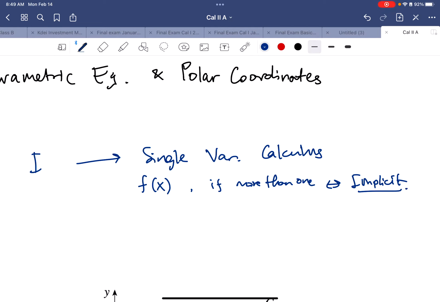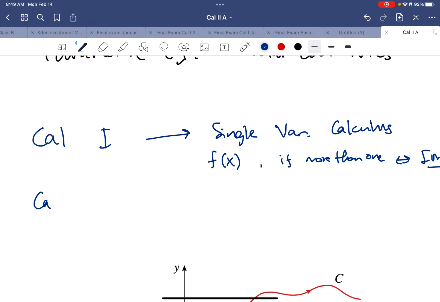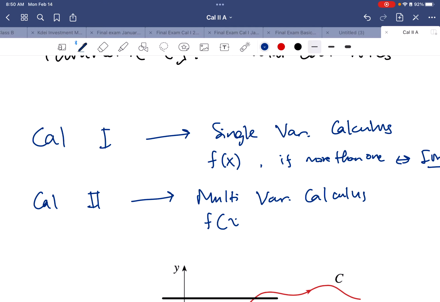But in calculus 2, we will have multi-variable calculus, which means that you will directly derive or integrate. Directly, if you have x, y, you will directly use derivatives to derive. We call this partial.